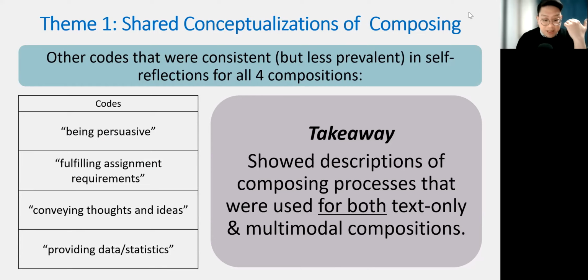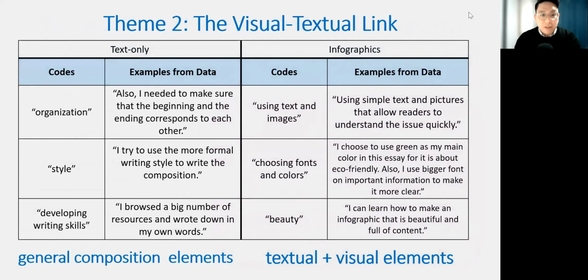To me, what that means is that they were able to see that even though one assignment was based only on writing an academic text and the other one was based on making an infographic, there were still composing processes that were the same, or that were applied for both types of assignments. And to me, that's significant. It means that they were able to see the underlying composing processes that could be used, whether it's a text-only essay or an infographic. So that was the first theme.